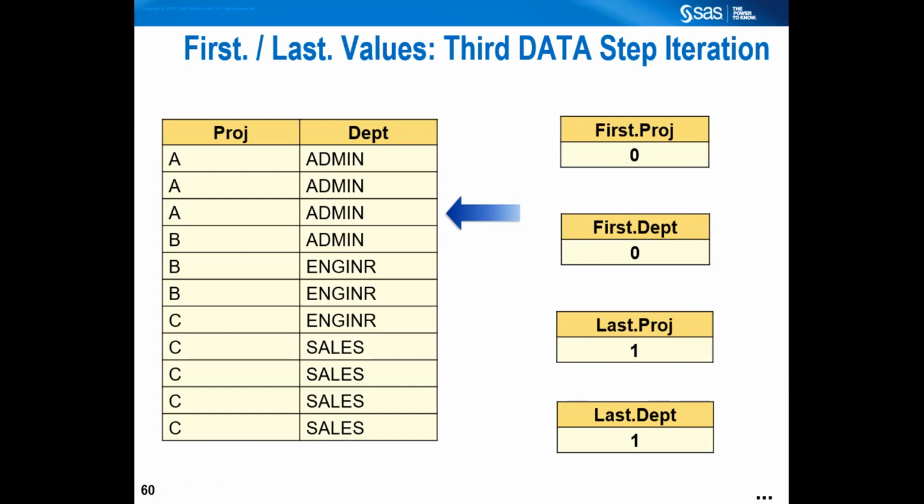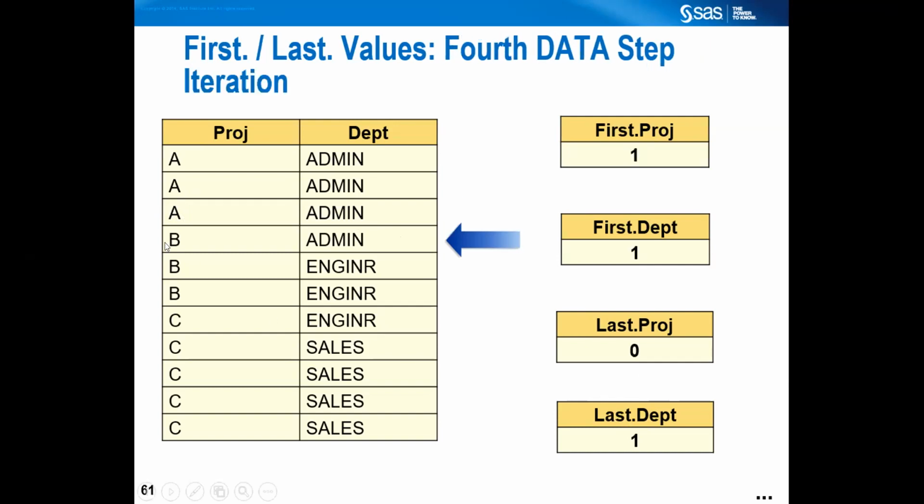Okay. Now look at the next value. Now this is the first observation of project, and because it's the primary variable, it's forcing your first dot department to take it as 1. So though admin is not the first observation within this department, ideally its first dot value should be 0, correct?